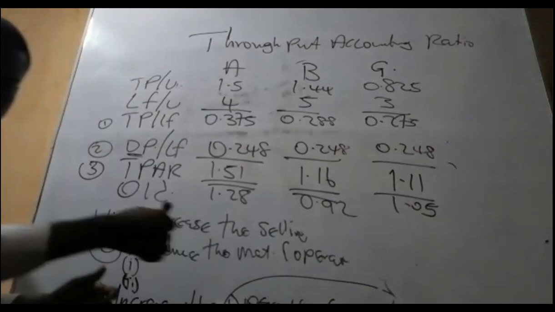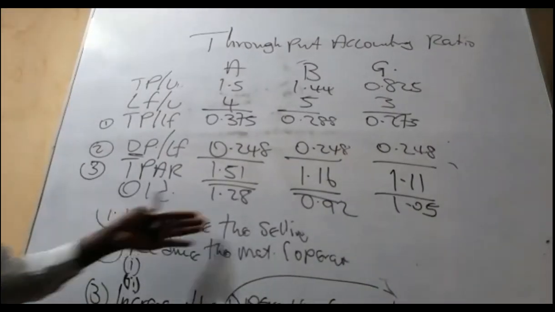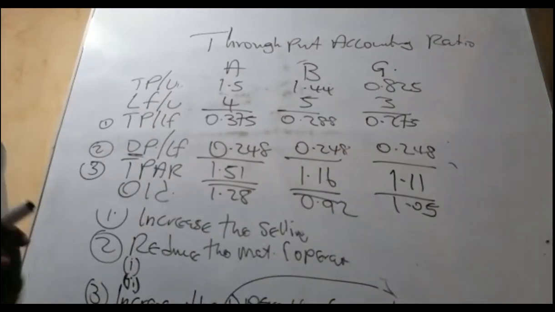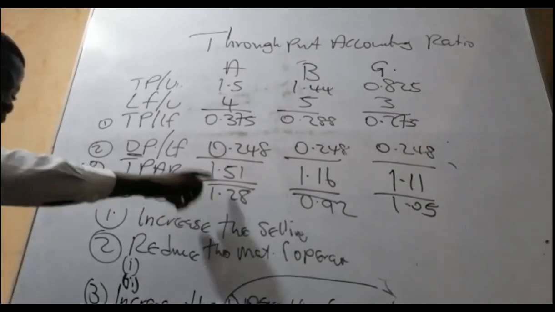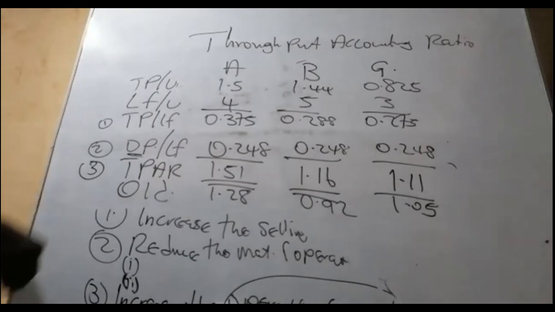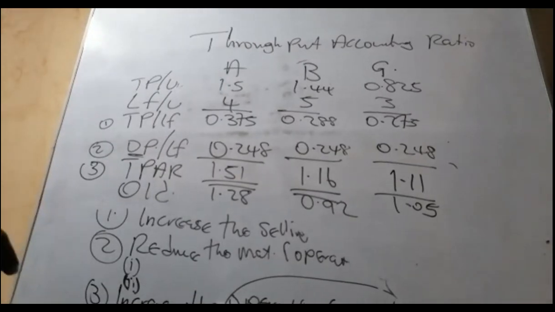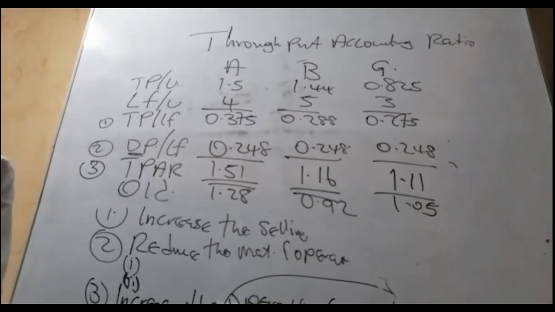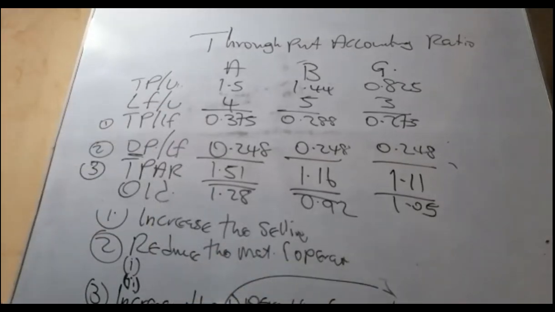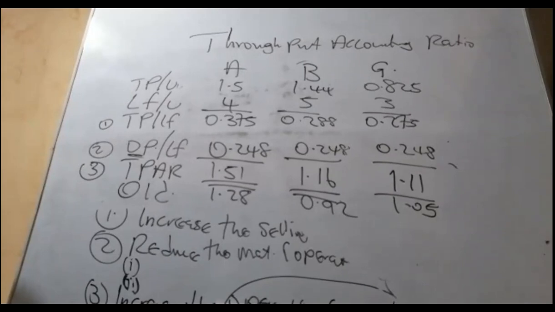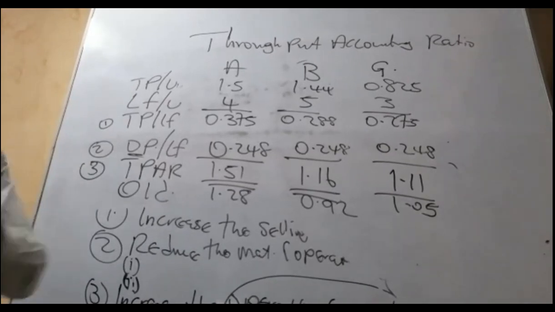So it means that all the throughput accounting ratios have been increased. So the question is, what caused the increment? Suggest a specific way to increase the throughput accounting ratio.